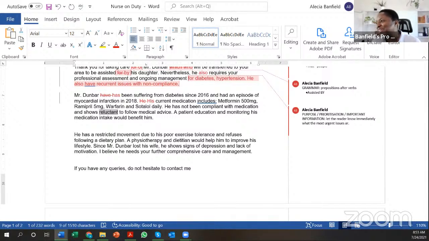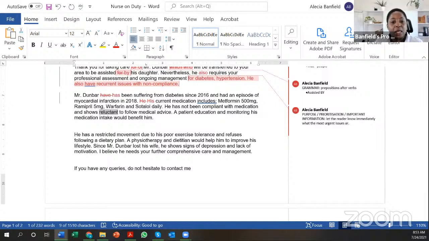I'm sorry if I'm saying your name incorrectly. You can say his current medications include, you can also say his current medication. Medication is what we call a collective noun. Both can be used with S or without. It's kind of like treatment. My treatment includes blah, blah, blah. It's a collective noun.